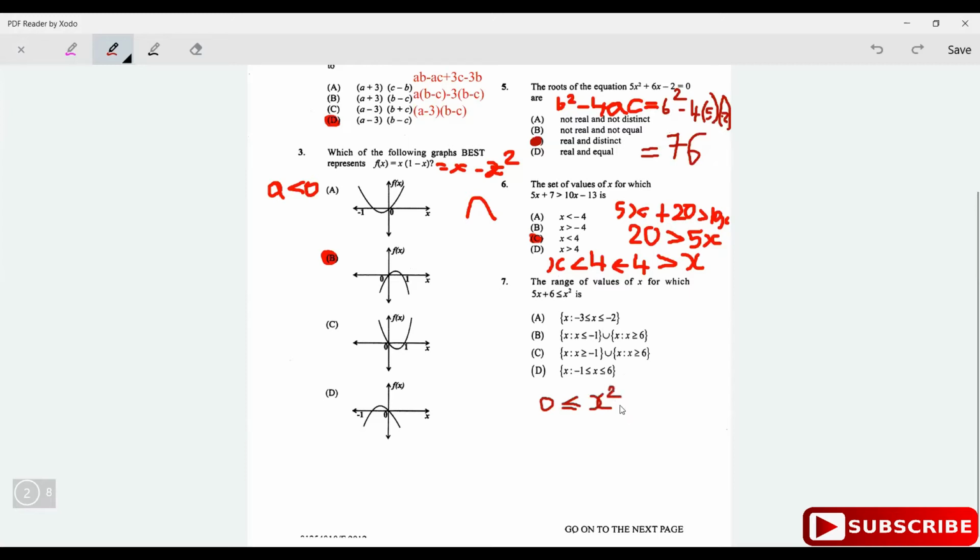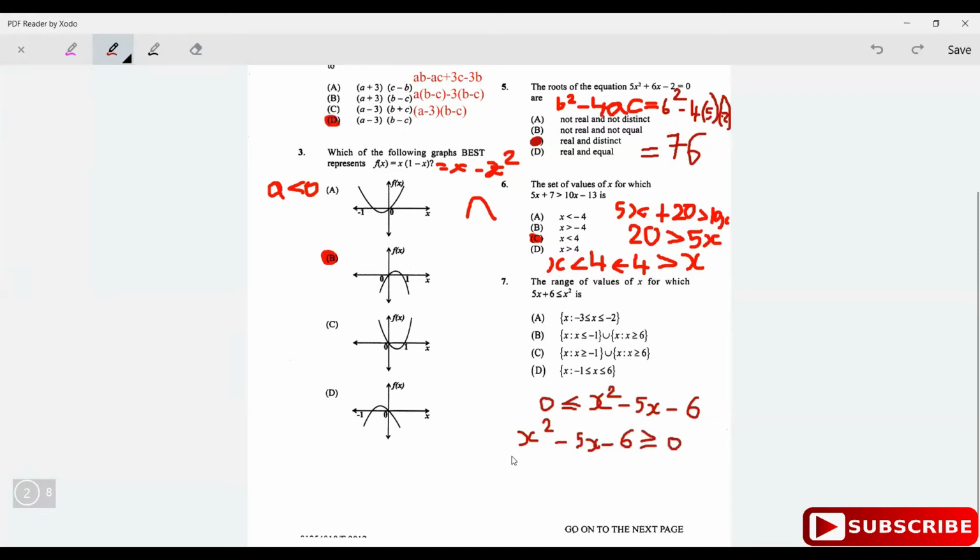When I bring over the 5x, it becomes minus 5x, and when I bring over the 6, it becomes minus 6. And so this is really saying x squared minus 5x minus 6 is greater than or equal to 0.